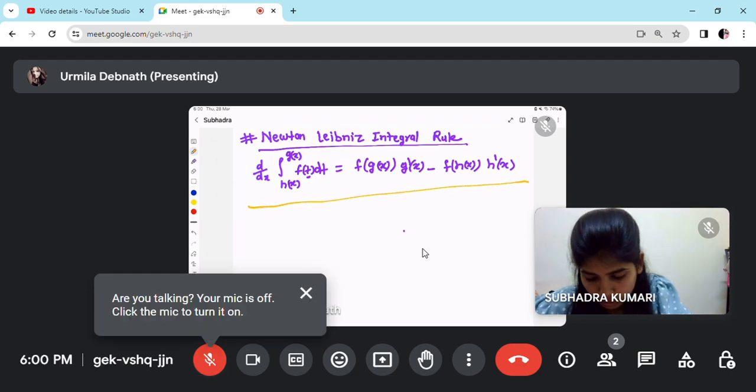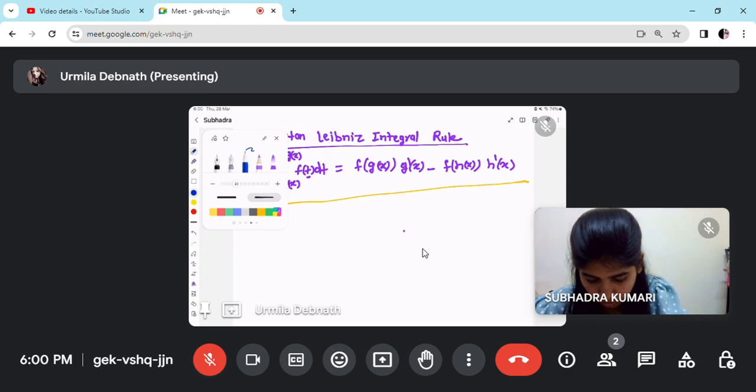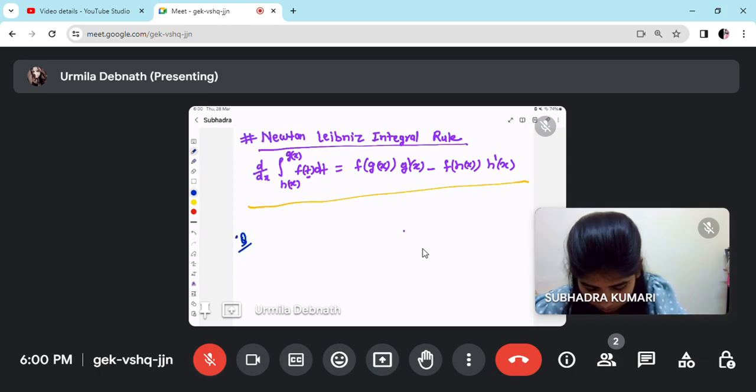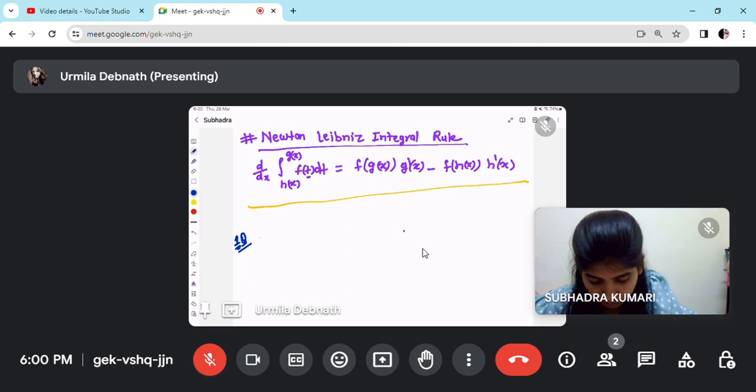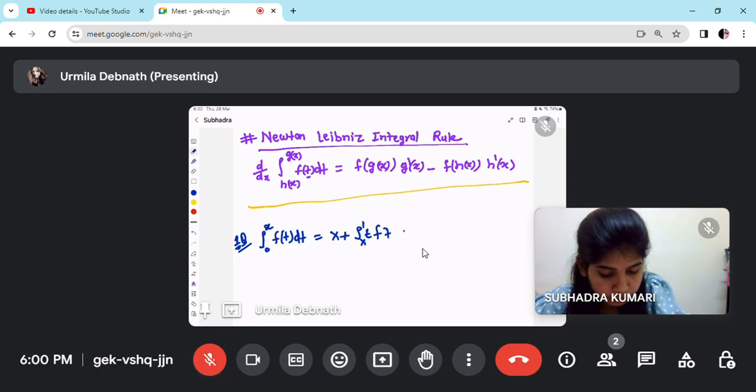Now let's see the first question. The integral from 0 to x of f of t dt is equal to x plus the integral from x to 1 of t f of t dt.